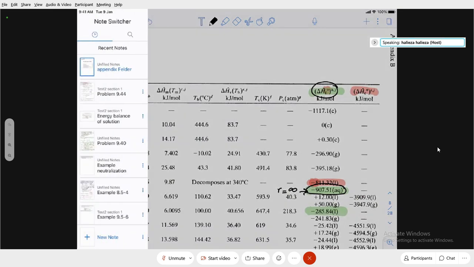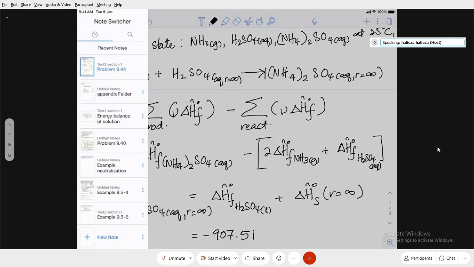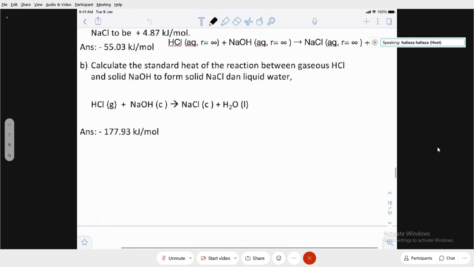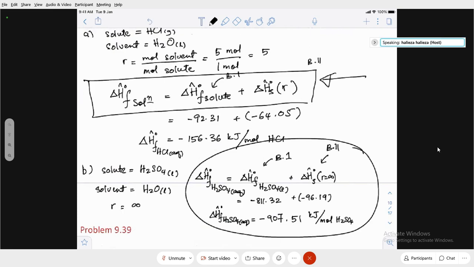We'll go back to our example. So this whole thing is going to be minus 907.51. We did this calculation earlier, if I'm not mistaken. Let's look at this example. We did this example earlier. There you go.